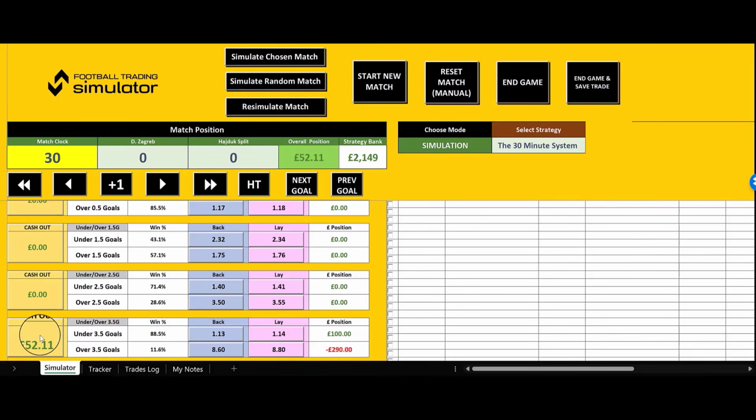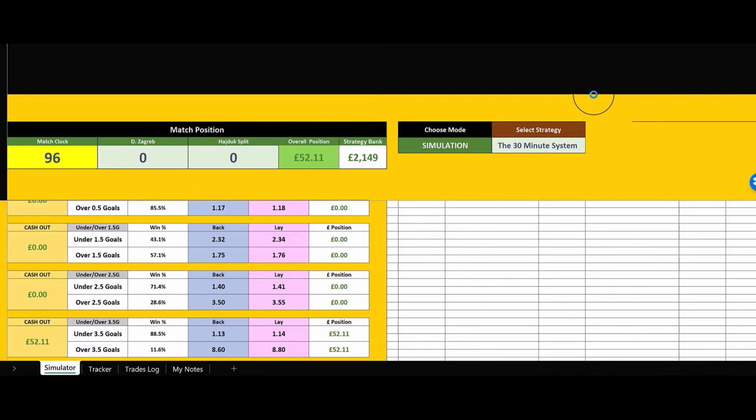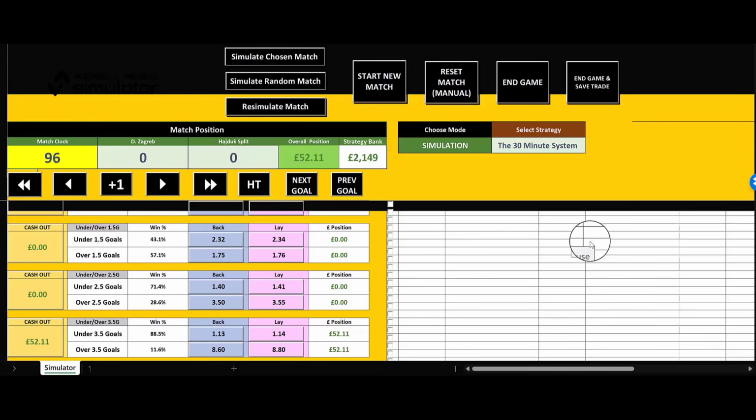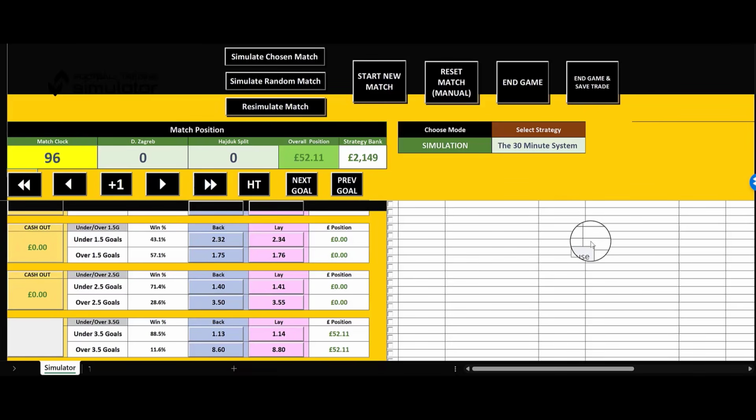All right, let's press the cash out and yeah, let's get this locked in. So the over 3.5 goal odds out to 8.6 as you can see, and we will get this locked in and added to our tally. Click on end game, save trade, and it's looking quite good so far with the 30-minute adjustment to this.